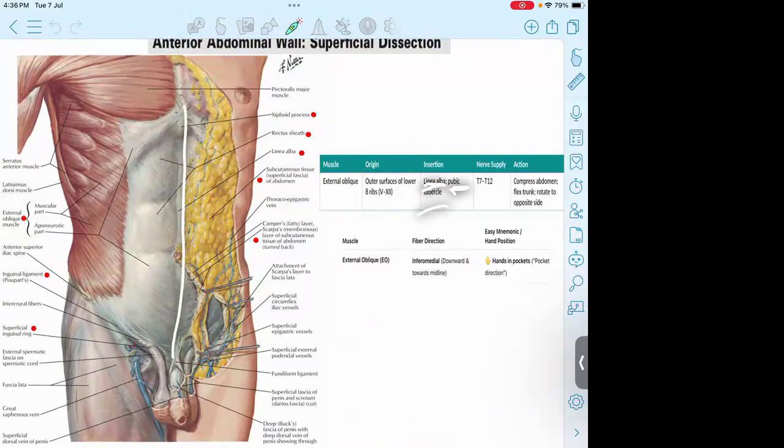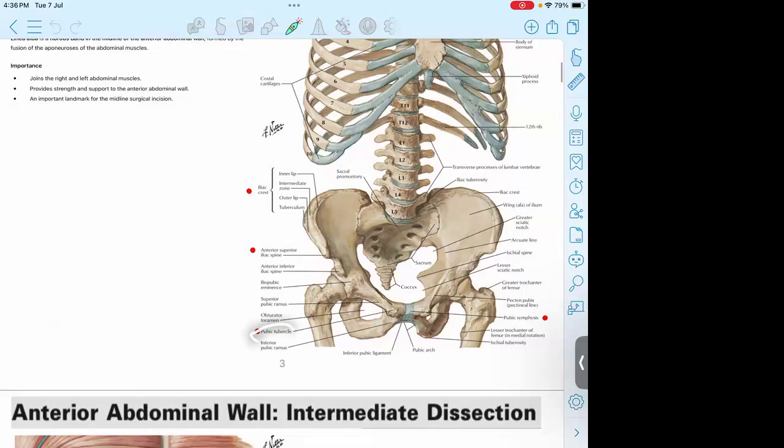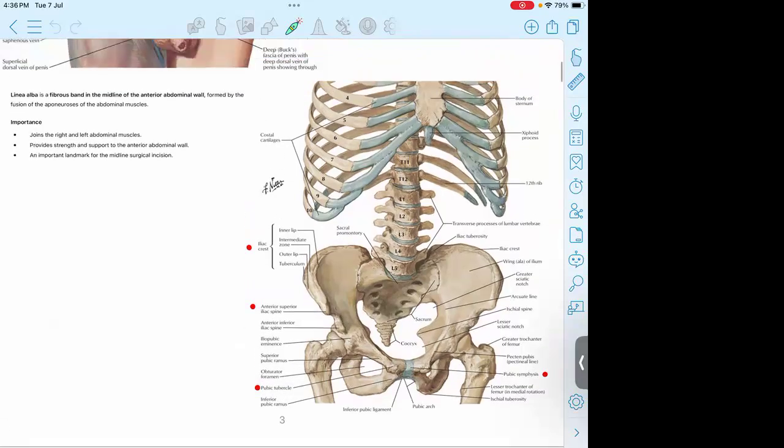This is the linea alba. And here is the pubic tubercle. It is not seen in this image. First, we will study some important structures so that we can understand easily when we study the origin and insertion, okay? So see this image, we will recapitulate.